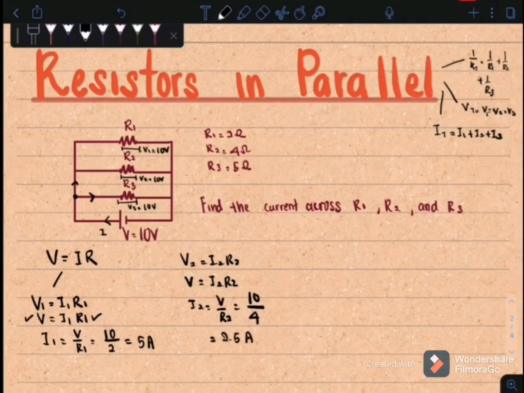This is the amount of current that is passing through resistor 2. And then for resistor 3, I'm going to use the same equation. V3 is equal to I3 R3, so V is equal to I3 R3. My I3 is equal to V over R3, where V is 10 over R3, 5 ohm. So we'll end up with my I3 as 2 ampere, which is the current that passes through resistor 3.